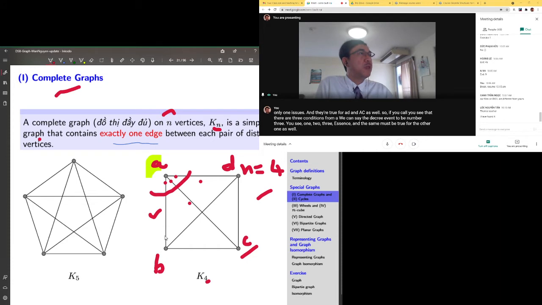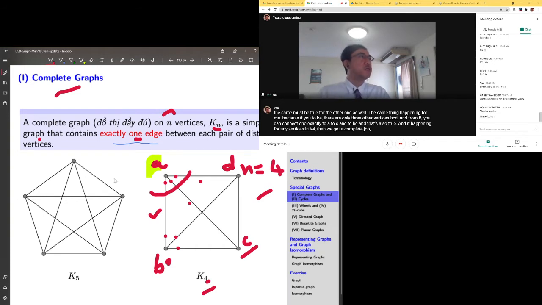The same must be true for the other ones as well. The same thing happens for B, because if you choose B, then there are only 3 other vertices, A, C, D. And from B, you can connect exactly one edge to A, to C, and to D. And if that happens for any vertex in K4, then we get a complete graph.